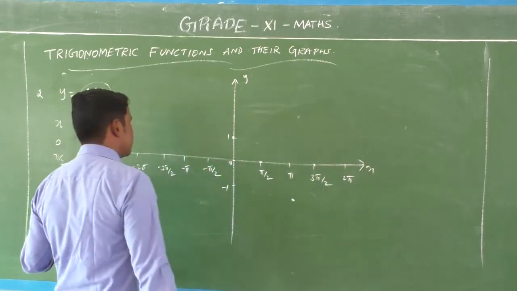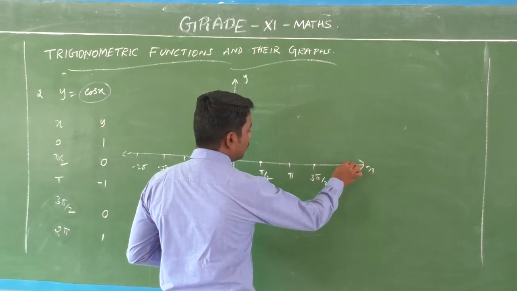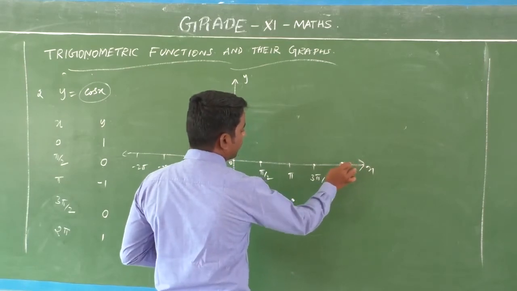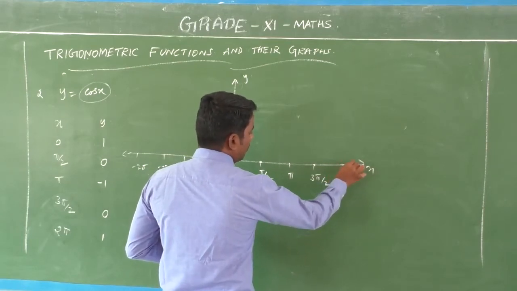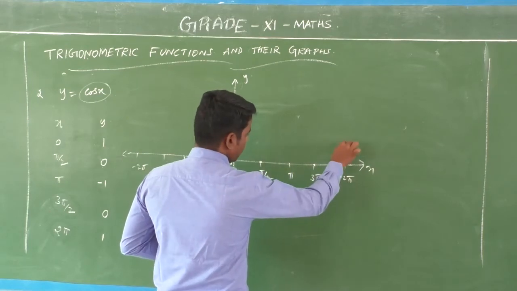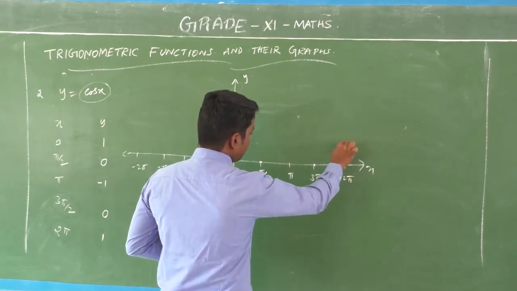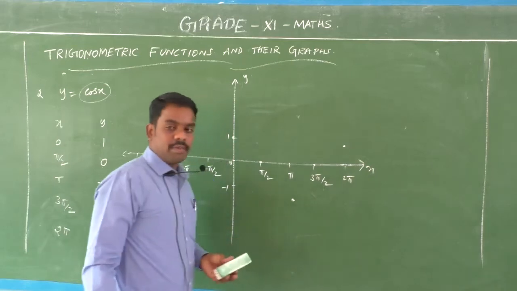Next, 2 pi. Cos 2 pi is equal to 1, so x equal to 2 pi and y equal to 1. So this point is (2 pi, 1).